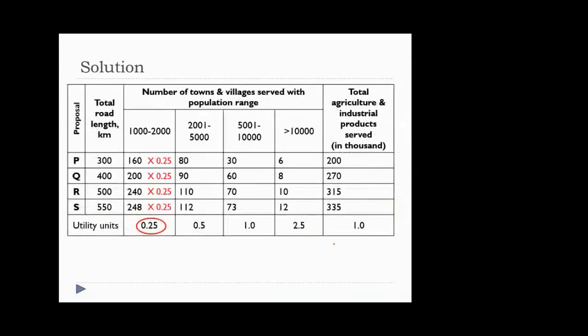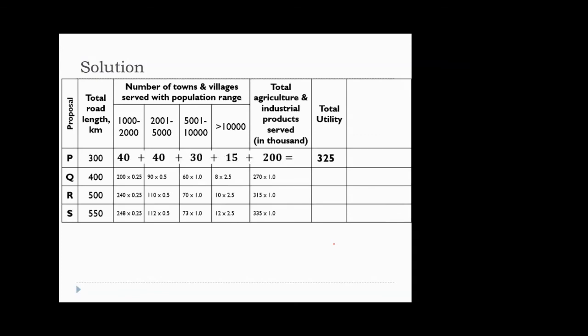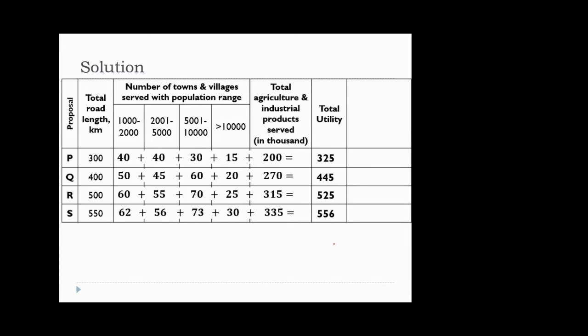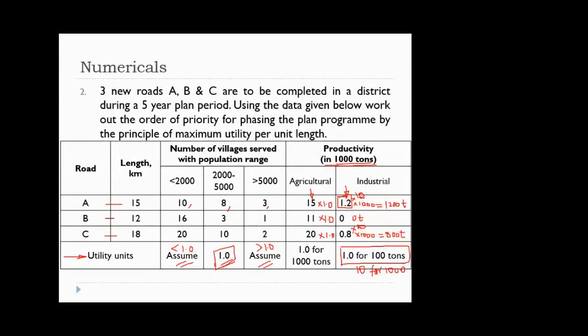I hope this is clear. The utility concept is clear. Rather than the numerical, I am more concerned about the concept. If your concept is clear, then the numerical is just a mathematical calculation of addition, subtraction, multiplication and division. So this was it.